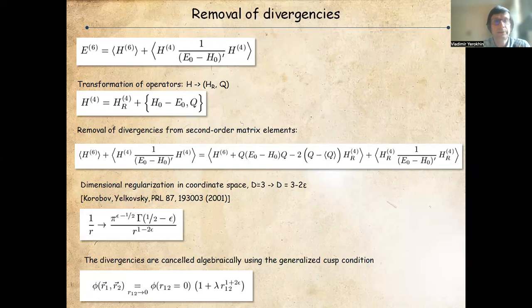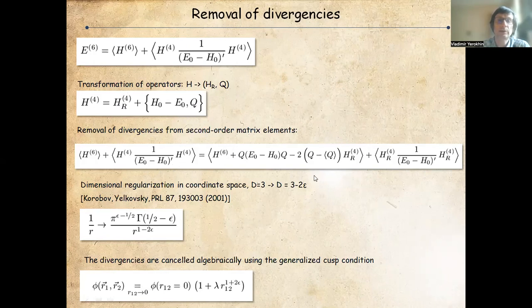And the first step is to transform all divergences to a first order matrix element, and this is achieved in a transformation of the operator to such a form where this is a regular operator which does not create any divergences, and this is an anti-commutator of some other operator with the non-relativistic Hamiltonian.